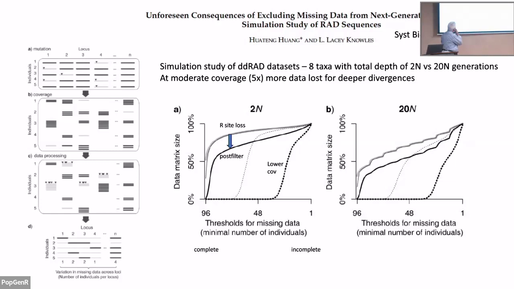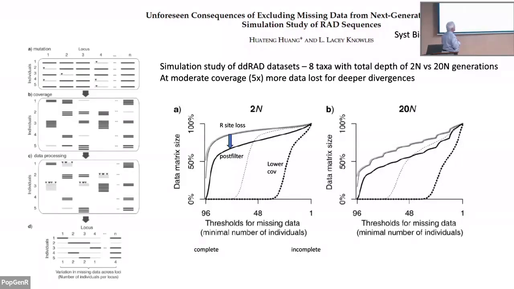And this again shows the threshold for missing data, the minimum number of individuals, and the size of the data matrix. So as you require fewer and fewer missing individuals, so this is complete data, this is patchy data on the left, you can see the reduction in the size of the data matrix with higher low coverage data.